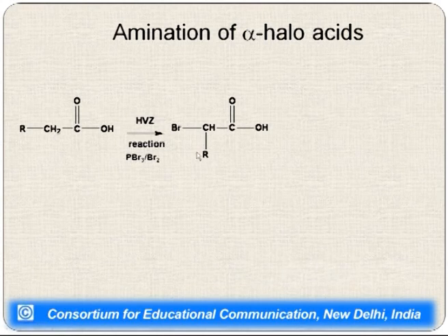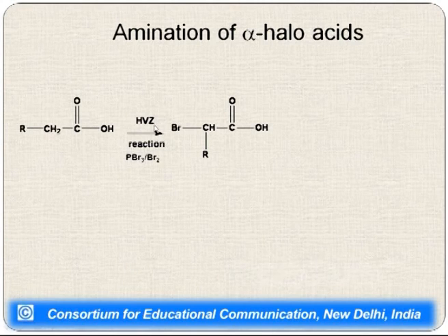I have a general long chain carboxylic acid, and I use the HVZ reaction. What is the HVZ reaction? The Hell-Vollard-Zelinsky reaction, which is done with PBr3 and Br2. We may have PCl3 and Cl2 also, and we get the alpha chloro acid. Now we have here the alpha bromo acid.